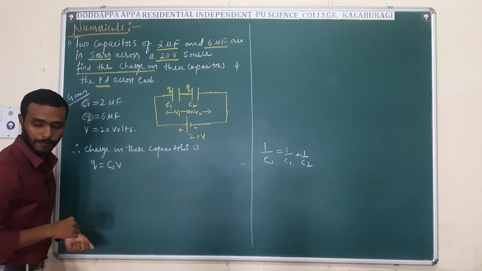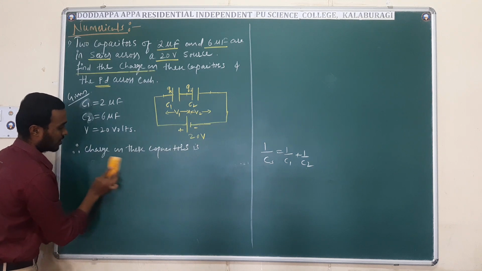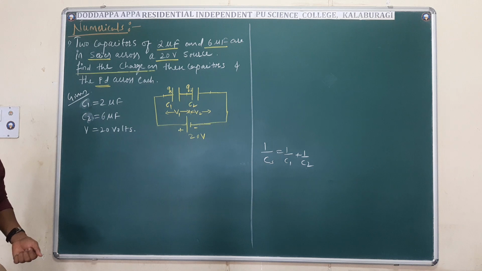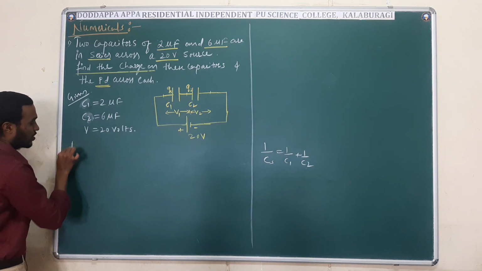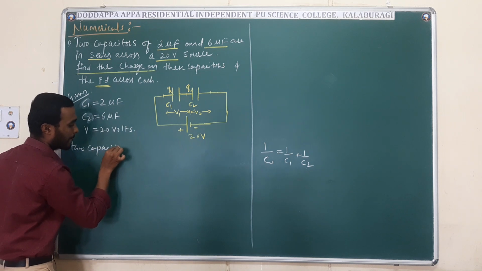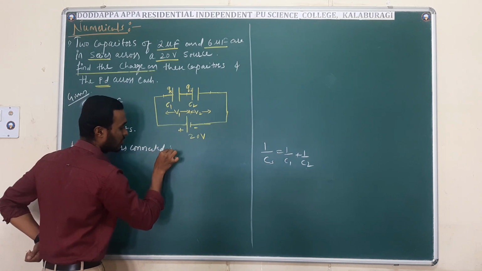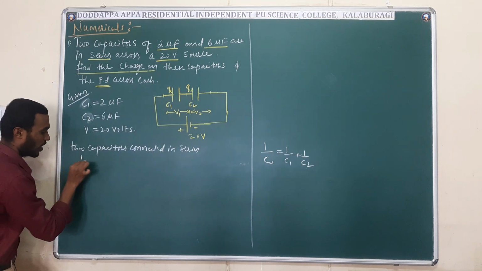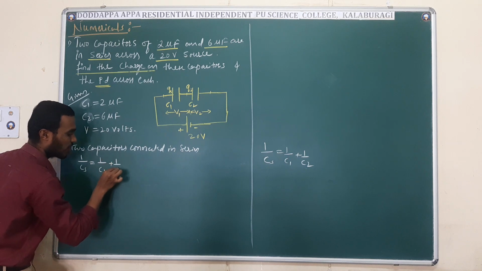First I will find the capacitance of the series combination. Two capacitors are connected in series, so 1 by Cs is equal to 1 by C1 plus 1 by C2.